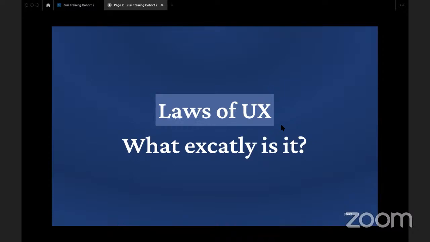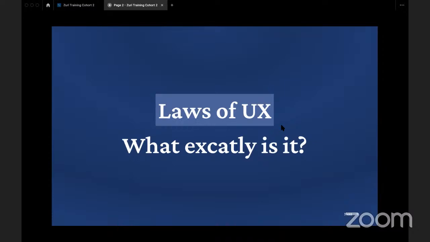Can somebody please tell me what they understand by law of UX? What do you think it is? Please drop your answers on maybe Slack, the thread, or on YouTube. I'll be getting them. I just want to know if you guys really understand it in general context, and also if you don't understand, how to go about it from there, what to correct from your explanation.